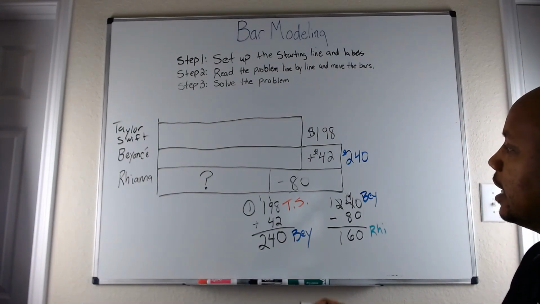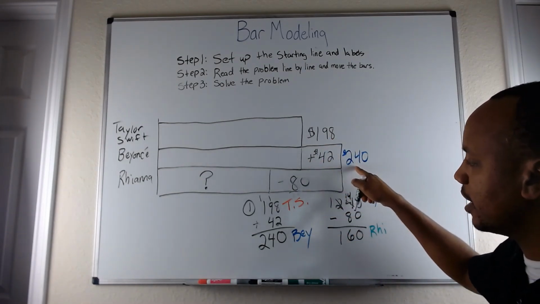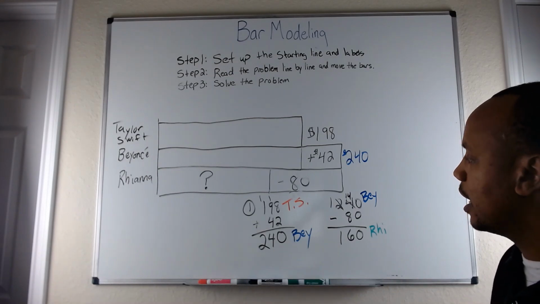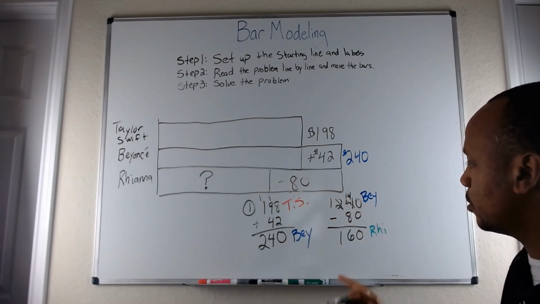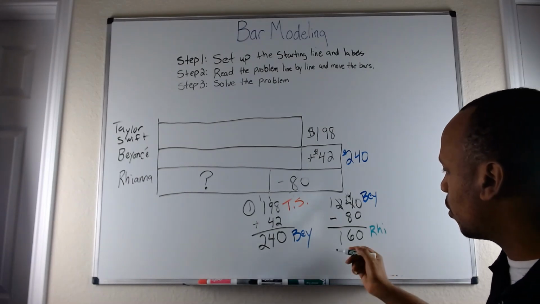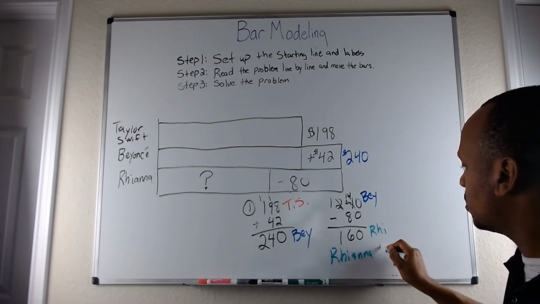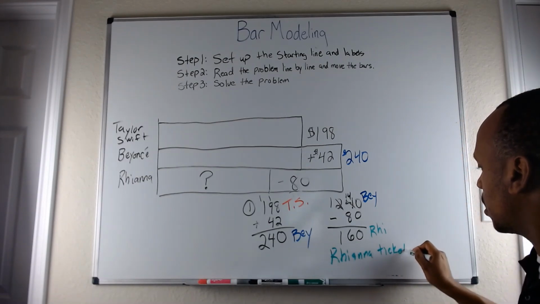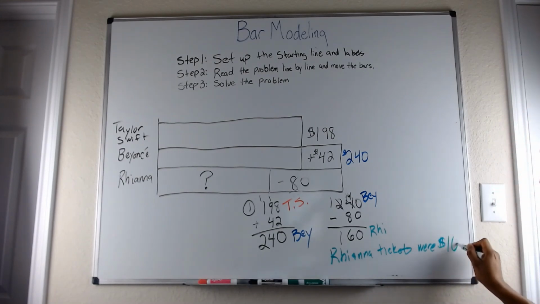Again, Taylor Swift plus $42 gave me Beyonce, which is $240. And Beyonce's $240 minus $80 was Rihanna's, which is $160. So Rihanna tickets were $160. All right.